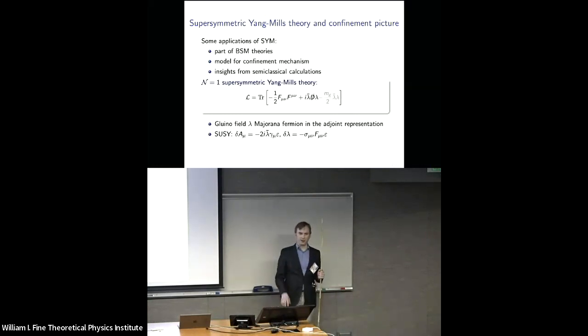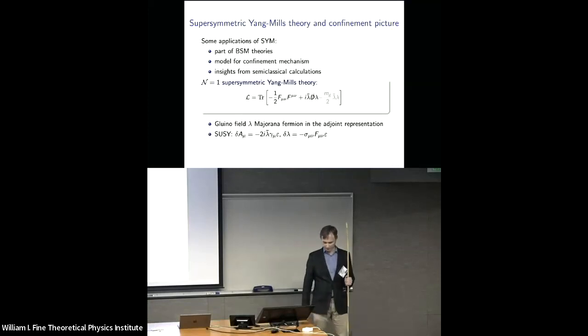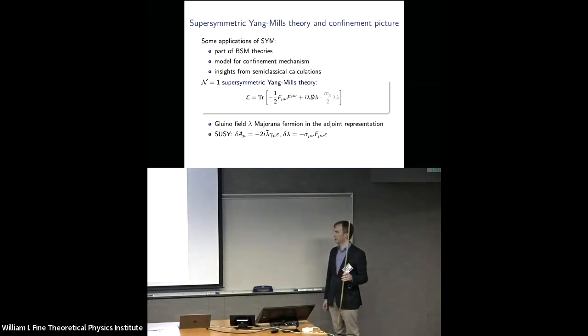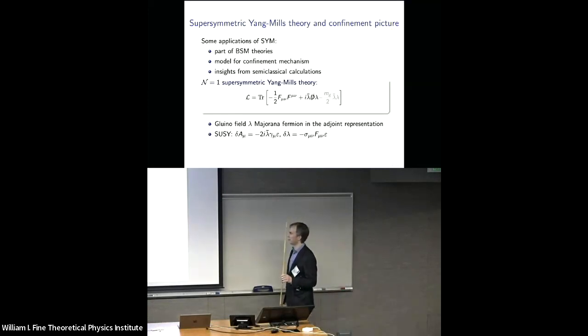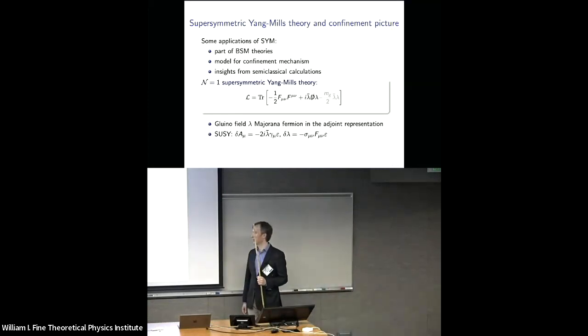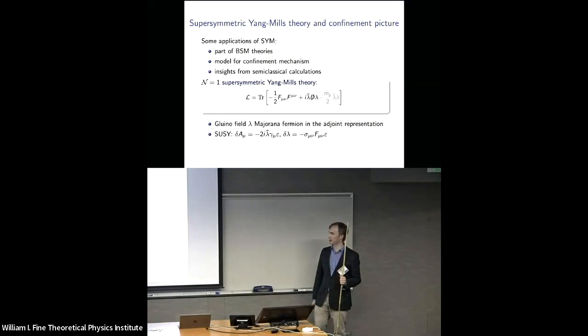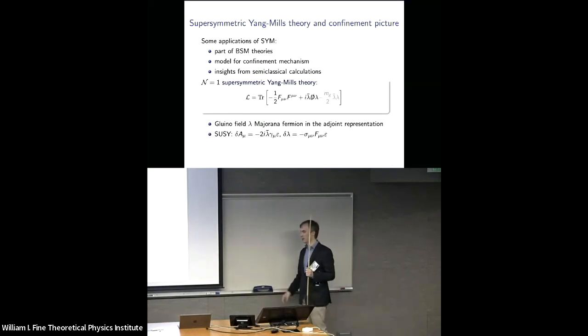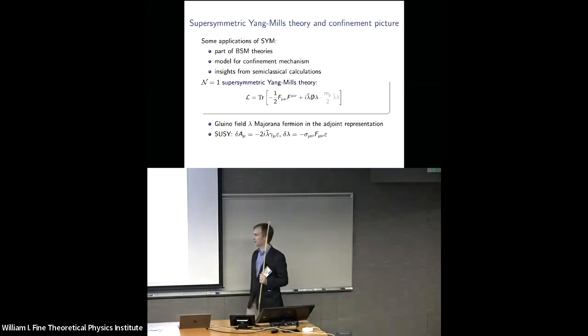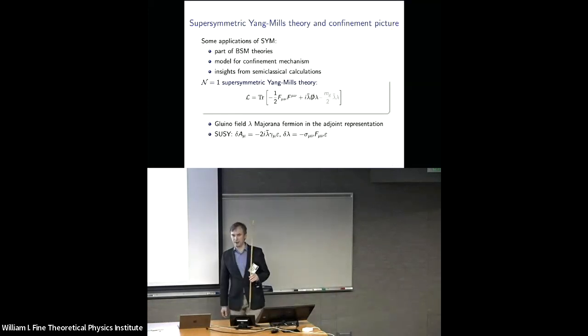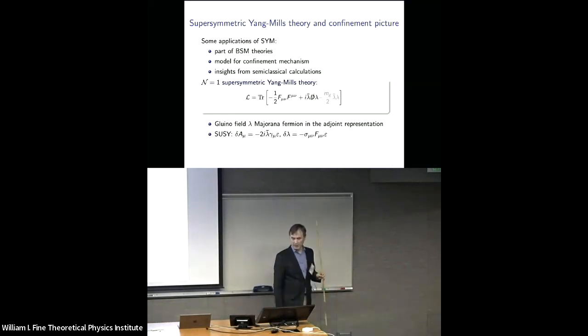And then later on, there were also deeper investigations by Mithat Ünsal and other people, also of the semi-classical calculations of the compactified supersymmetric Yang-Mills theory, and in general in these considerations the semi-classical analysis of the theory plays a major role.